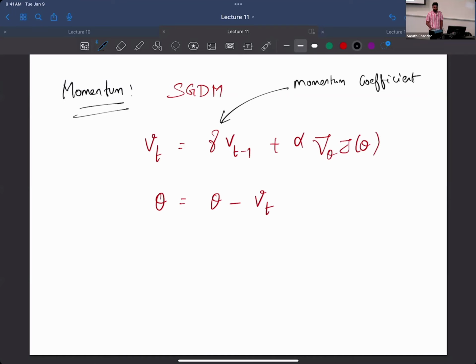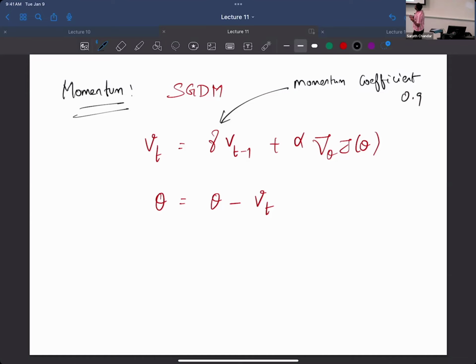Typically we would set it to 0.9, something that is close to 1. This is the hyperparameter for SGDM. So SGDM has two hyperparameters: the learning rate alpha, but also the momentum coefficient gamma. Is that clear? Any question?